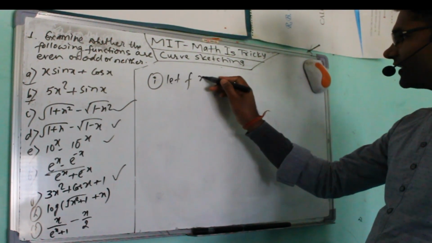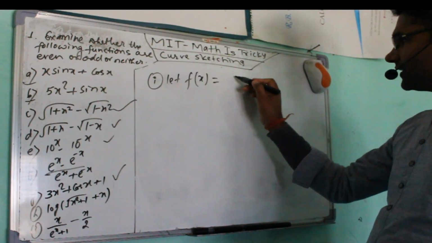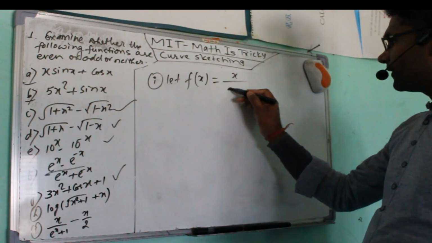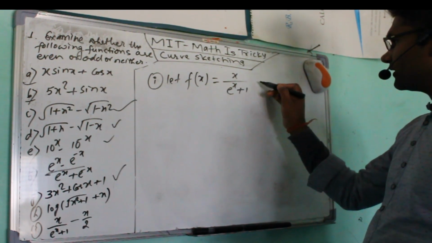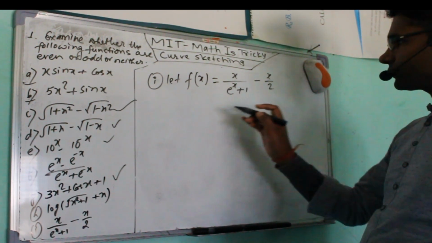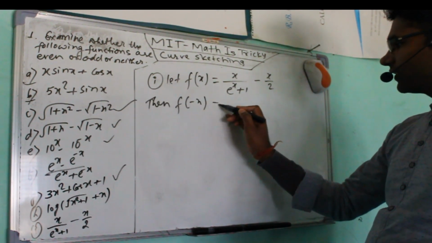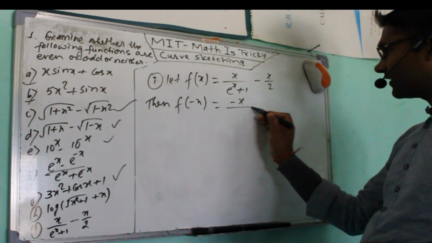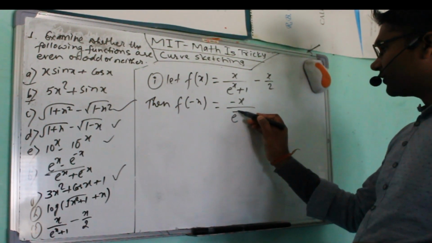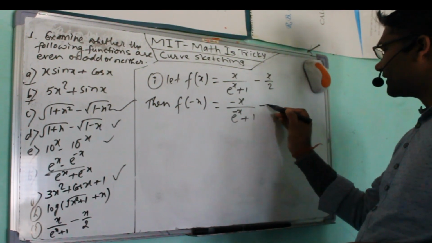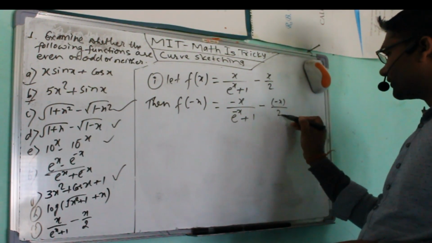Let f(x) be defined as x/(eˣ+1) − x/2. So always find the value of f(−x). It is (−x)/(e⁻ˣ+1) − (−x)/2, isn't it?